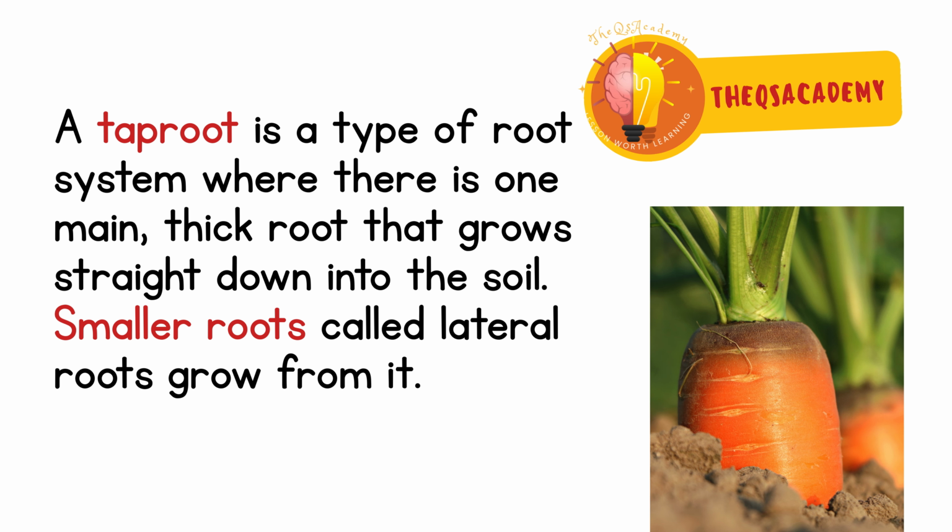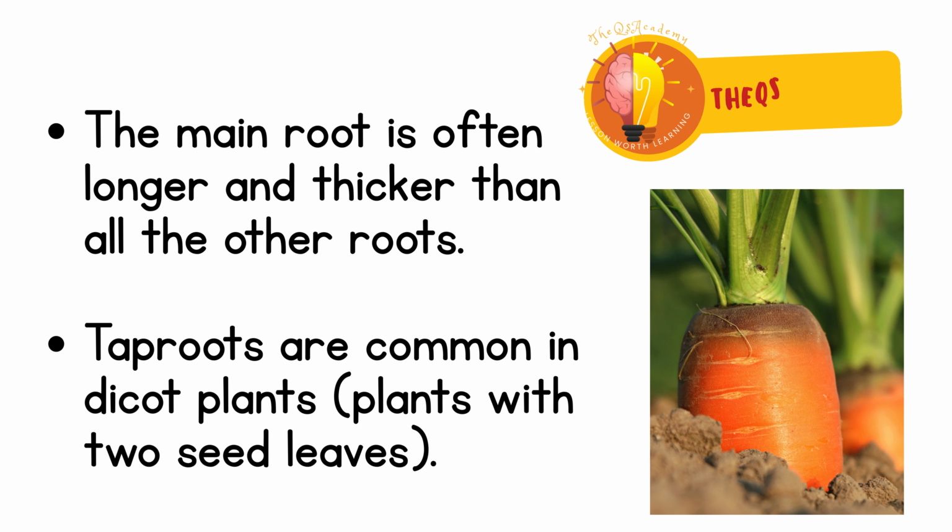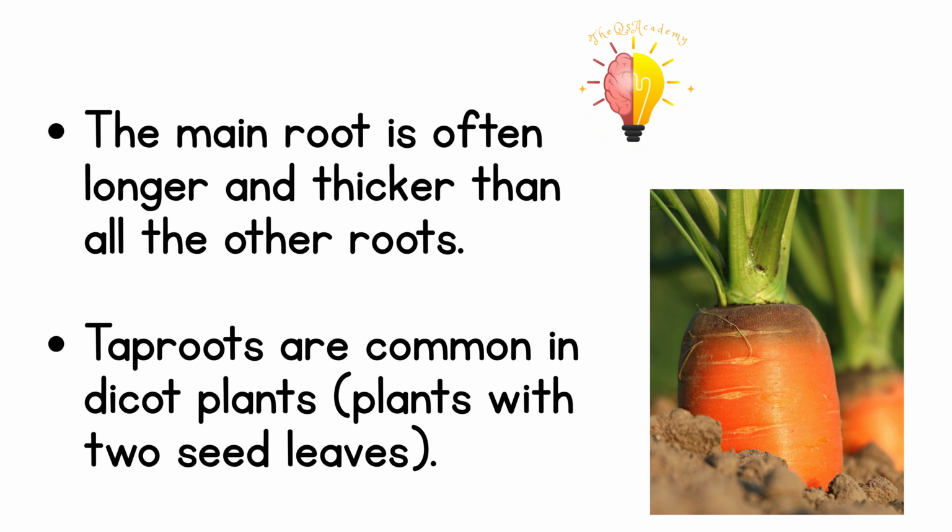A taproot is a type of root system where there is one main thick root that grows straight down into the soil. On the other hand, smaller roots are called lateral roots. The main root of a taproot is often longer and thicker than all the other roots.